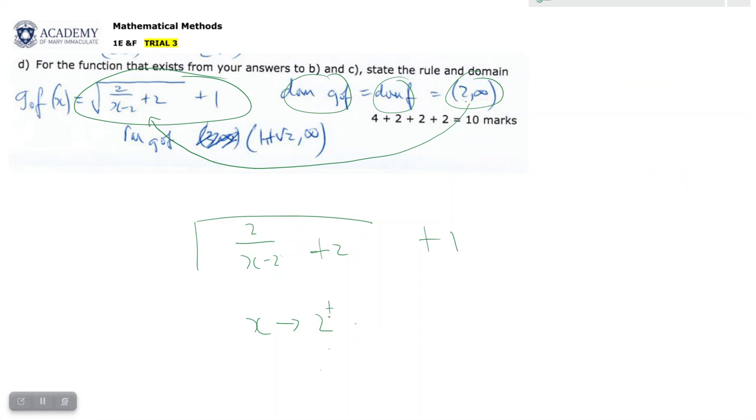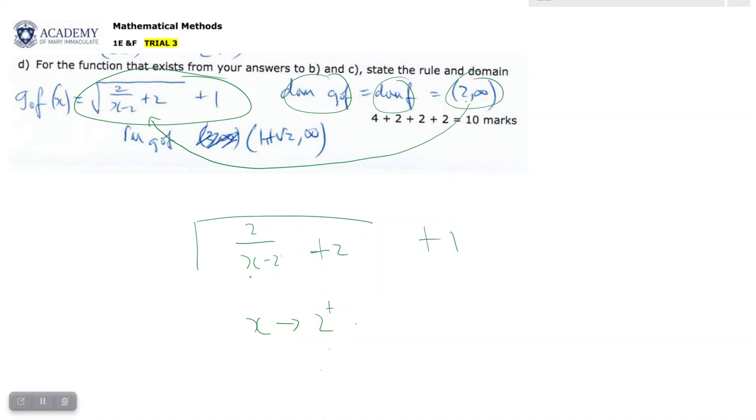It can't equal 2 itself, because if you sub in 2, that function becomes 2 divided by 0, which is undefined. But if I get very, very close to 2 from the positive side, picture me going from a very large number, say 10,000, to 1,000, to 10, to 3, to 2.5, 2.4, 2.3, 2.2, 2.1, 2.001, 2.00001.